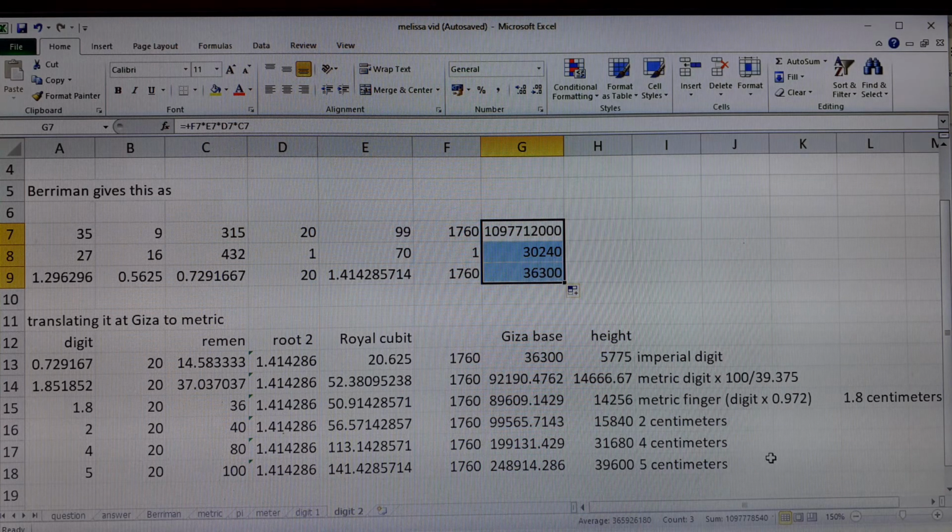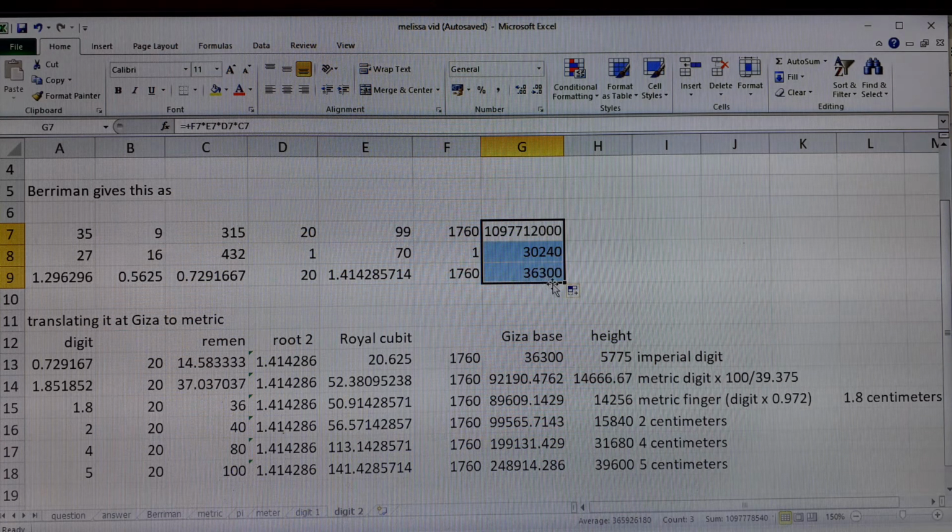And what we can see from this analysis is that to get a base of 36666.666 recurring inches, we have to multiply this by 100 over 99.